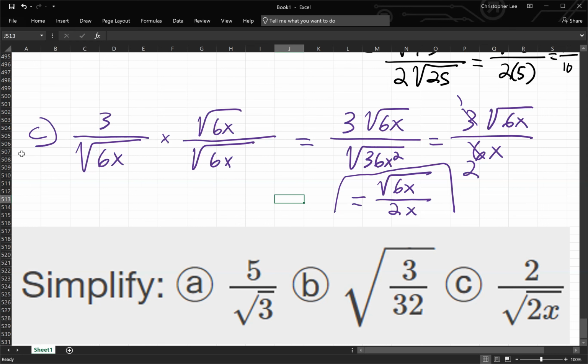Just the whole number 3 on the bottom, and then that's it. You have to square root the bottom. No, perfect square.